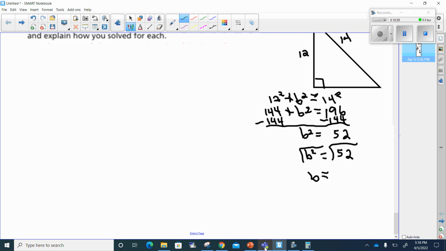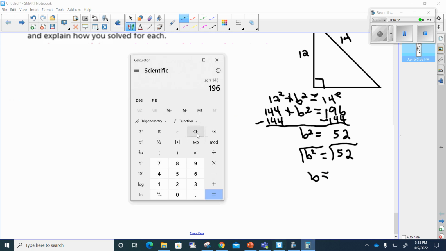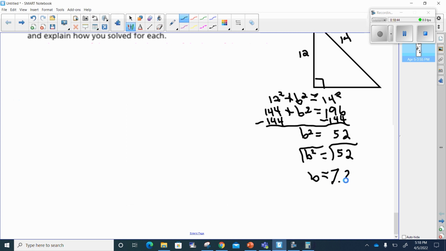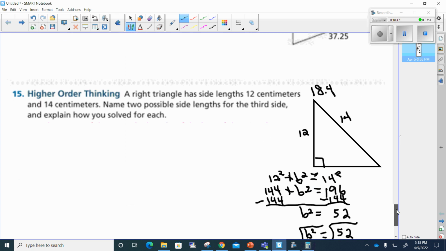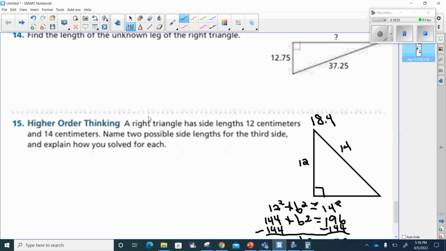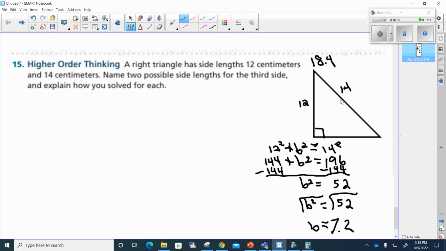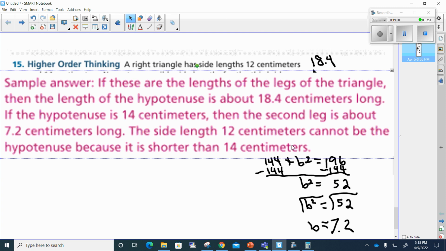So now we have to find the square root of 52. That's going to be 7.2 by the looks of it. And I'm pretty sure this is to the nearest tenth again. Well, it didn't say to the nearest tenth, but I'm answering it that way anyways.